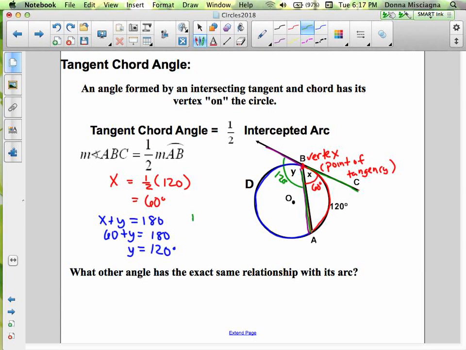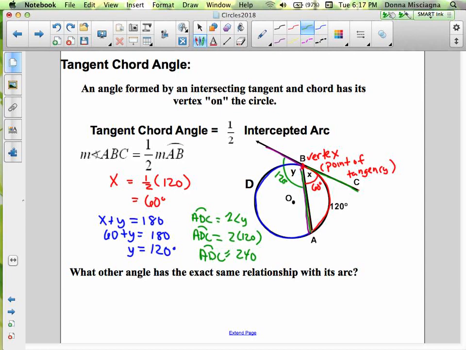So arc ADB is equal to 2 times the measure of the angle. All right, so the angle there, we'll just put 2 times angle y. I don't have 3 letters there to name it with, so we'll just call it angle y. So it's equal to 2 times angle y, we know that y is 120 degrees, and that means that arc ADB is 240 degrees.